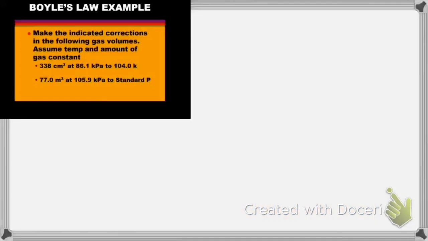So let's solve some Boyle's Law example problems. As we read the problem, we want to first look for hints that indeed we want to apply Boyle's Law. And we see here that they're telling us both the temperature and the amount of gas are constant. So we know that we can use P1V1 equals P2V2.